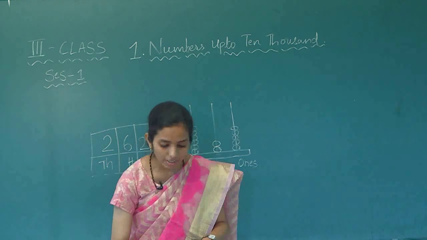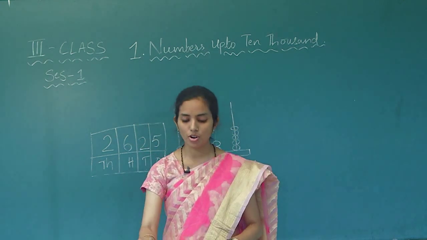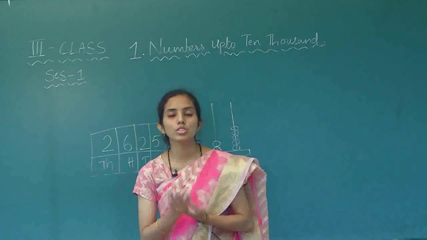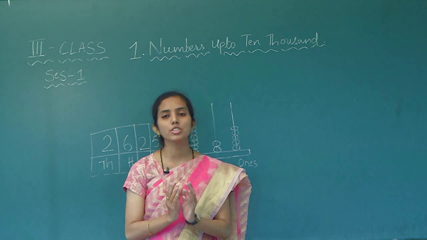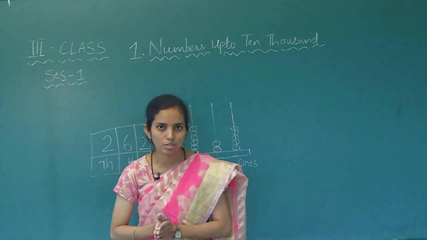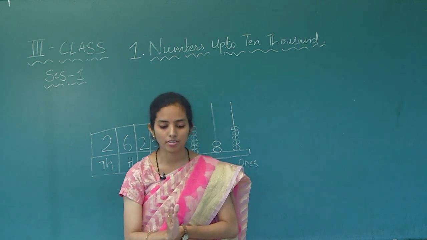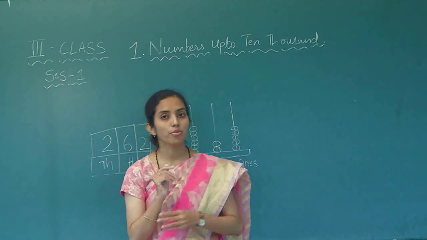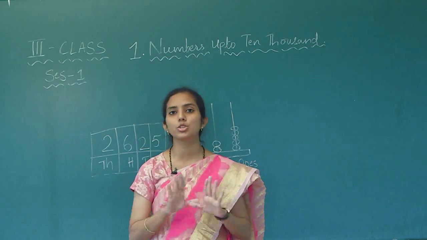So here he has given us one more example, 8405. So how do we write it? 8000 beads should be represented on the 1000 spike, 400 on the 100 spike, and 5. What does that mean? It means that there is no tens unit.